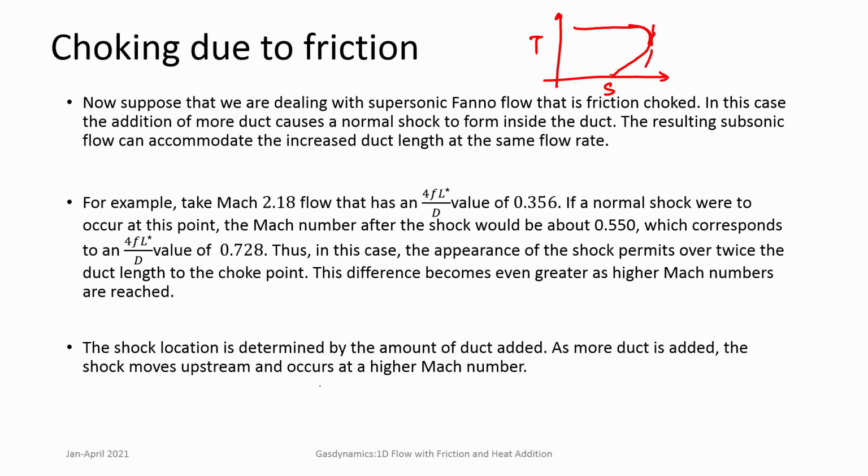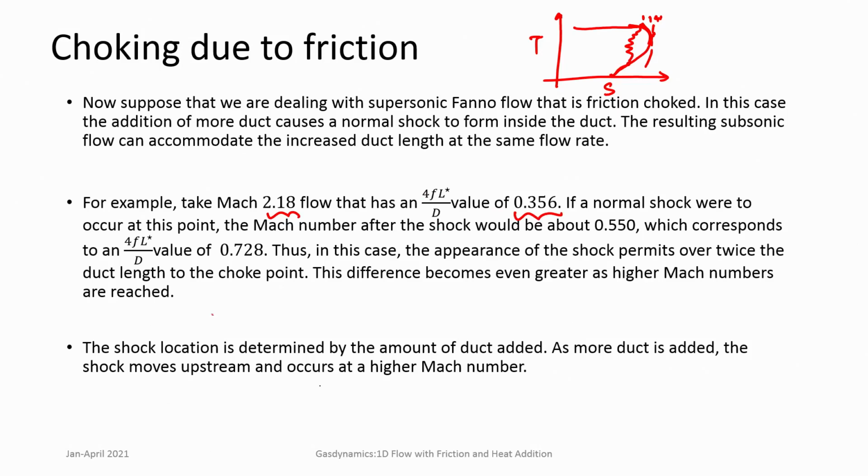So, if you are already at L star and then you try to increase the duct length, then you can have shocks formed in the duct, transferring the supersonic flow to a subsonic flow, and then again you have an additional L star associated with the subsonic flow. For example, as given here, if you take a Mach 2.18 flow, it has a value of fL star by D as 0.356.